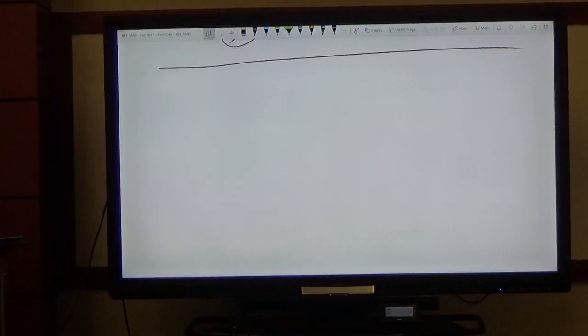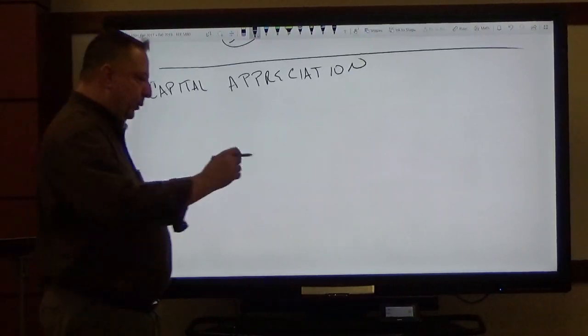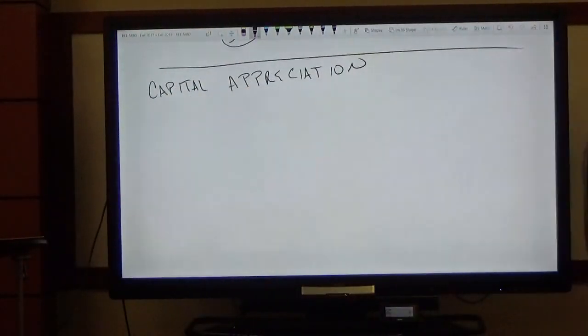All right, so the next topic. Okay, capital appreciation. One of the things we have talked about that you may or may not have picked up on is that over time, you pay off a portion of your equity if you have a normal loan.